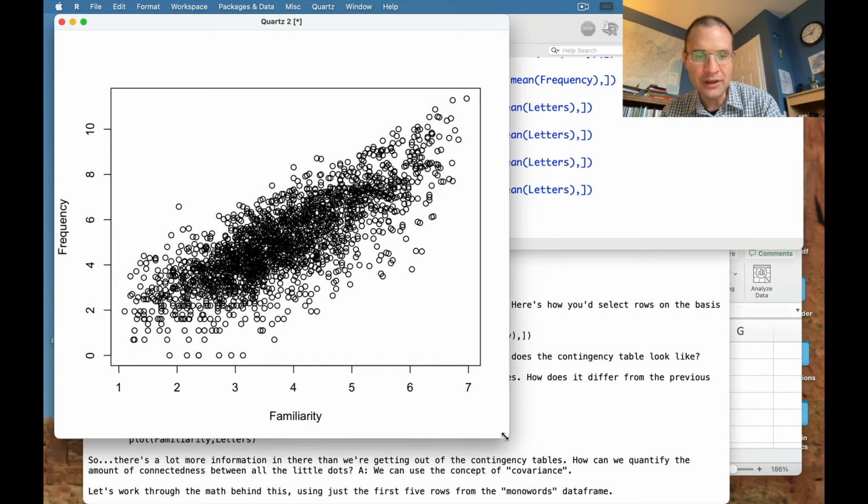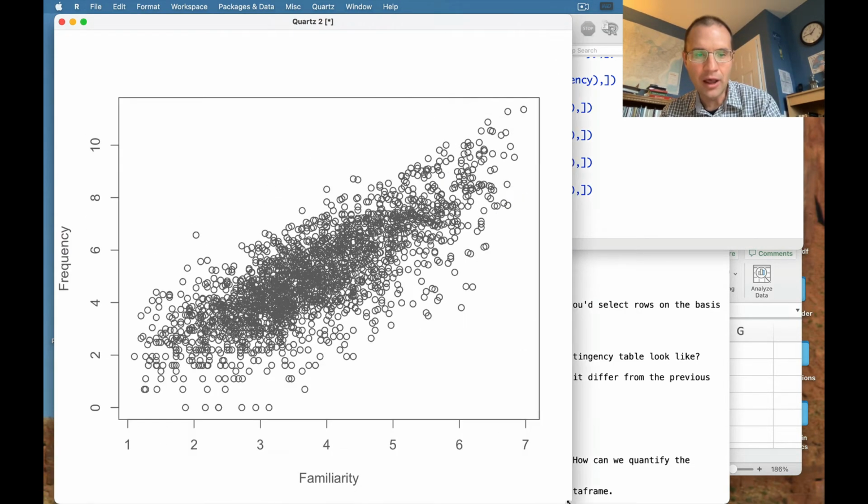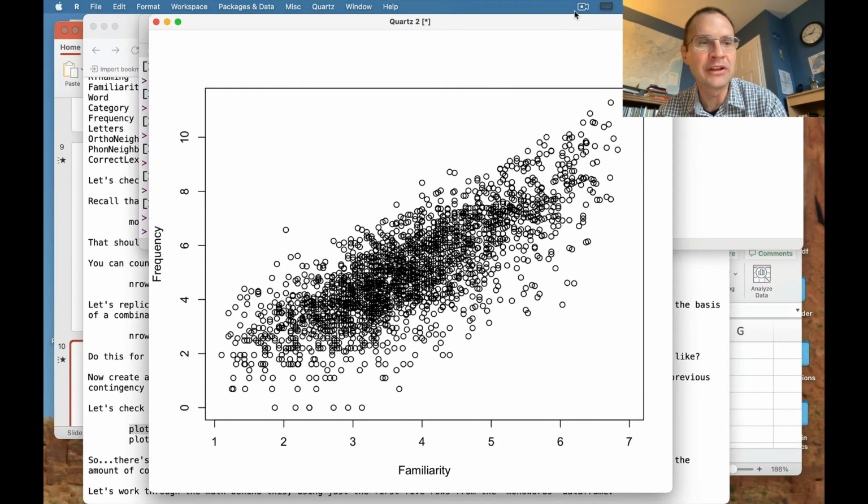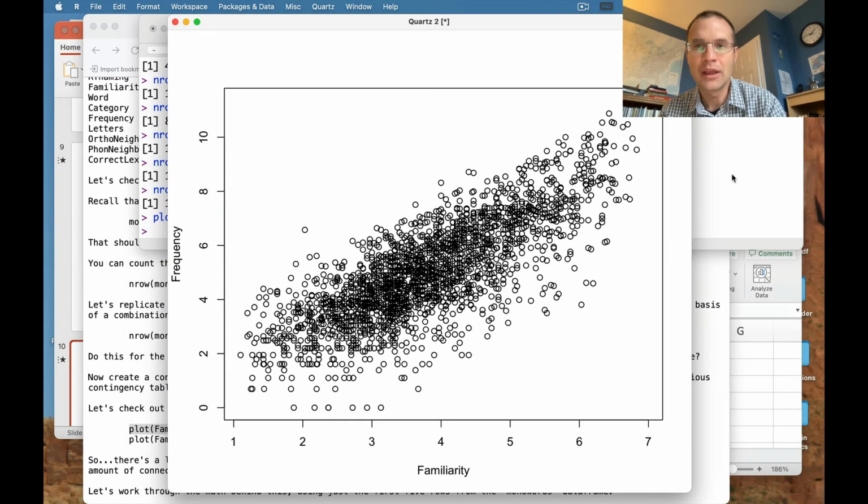I'll move this around here so you can see both labels. This is how familiarity lines up with frequency. We see what looks like a line, made up of a bunch of dots, and it's kind of messy. It's not perfectly straight, but obviously there's a trend from the lower left-hand corner to the upper right. So it looks like a linear relationship. It's just not, like I said before, absolute.